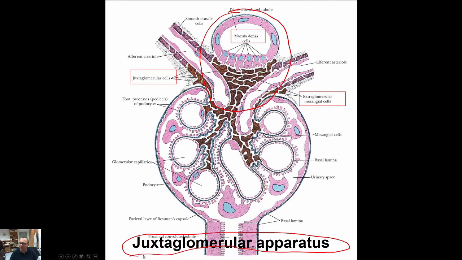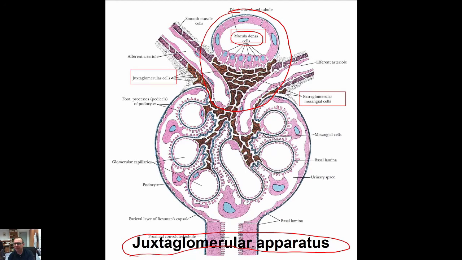Juxtaglomerular apparatus is the structure having three components. In fact, it has a component which belongs to the distal tubule. This is called macula densa. So the first component of the juxtaglomerular apparatus is macula densa, and it is a group of cells belonging to the distal tubule.